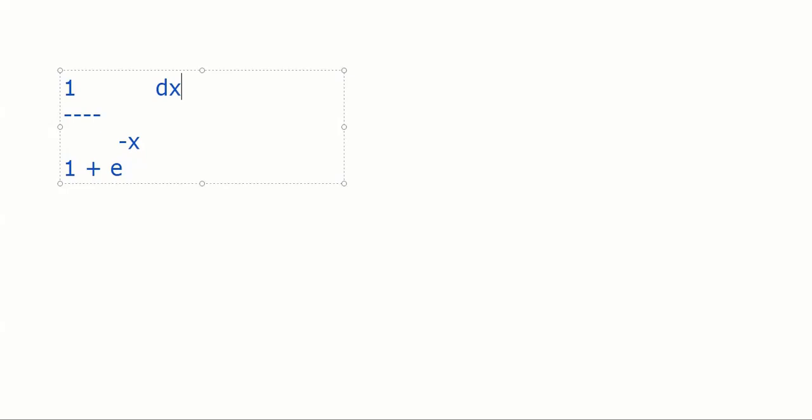Sir, take 1 plus e raised to minus x as t. Okay. Usha, what are you saying? Sir, in the numerator we can try to bring the same 1, like the method from yesterday. Okay. Nishta, any idea?